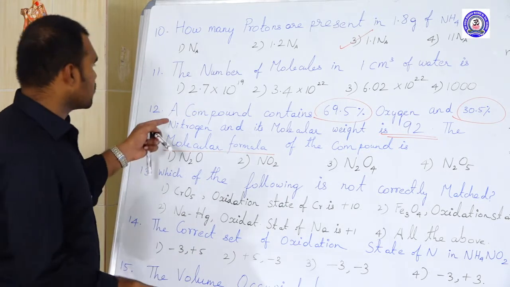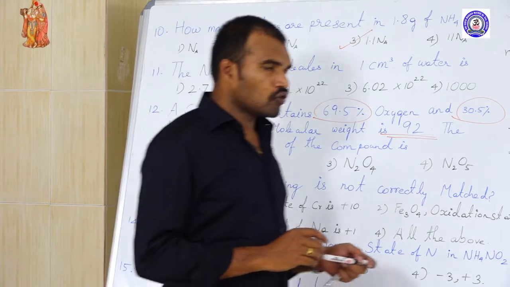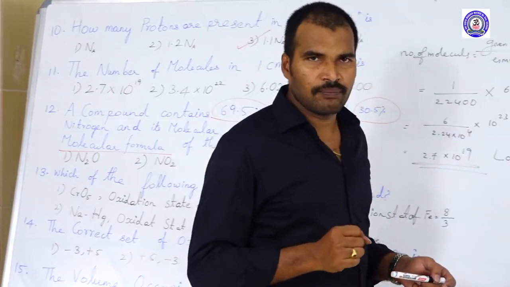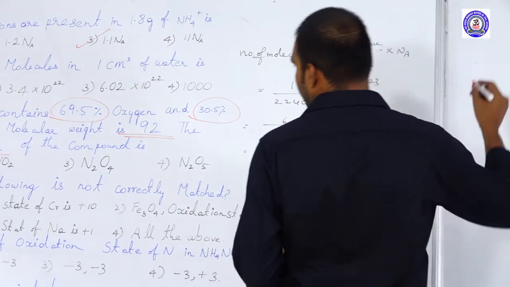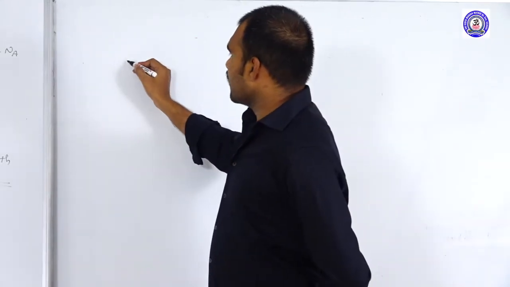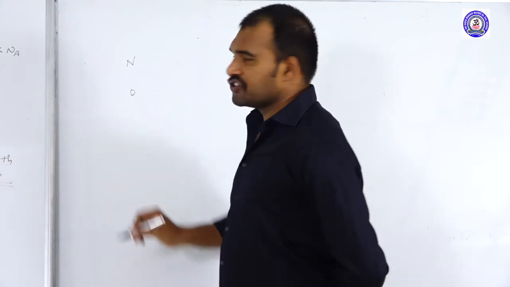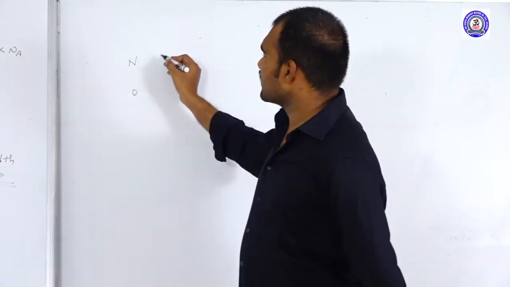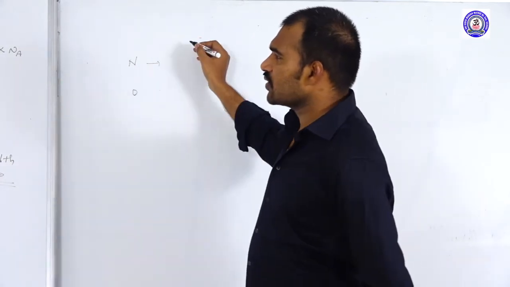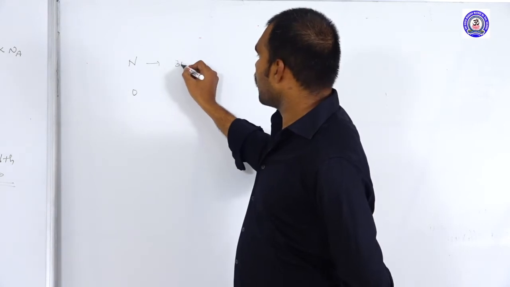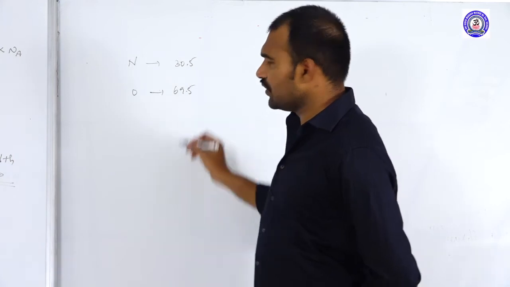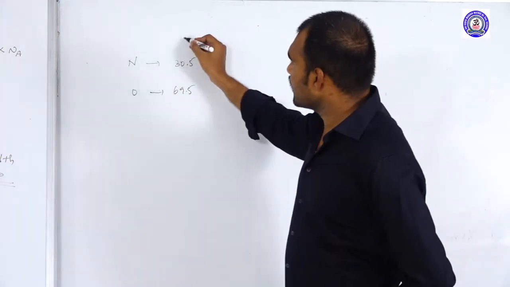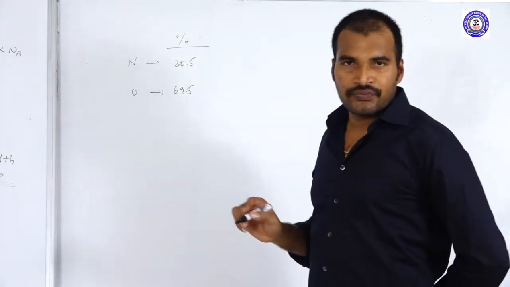Okay. How? First of all, we know how to derive the empirical formula from given percentages. We have a sequence of steps. First of all, the percentages they have given here, nitrogen and oxygen, 2 elements and their percentages. Nitrogen is 30.5 and oxygen is 69.5 percent.